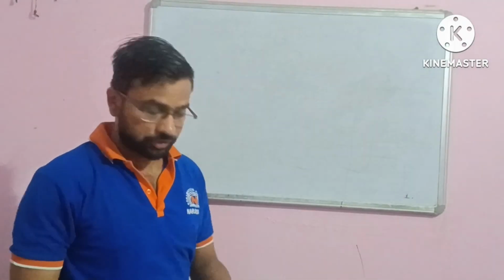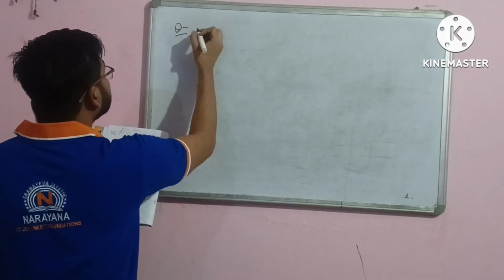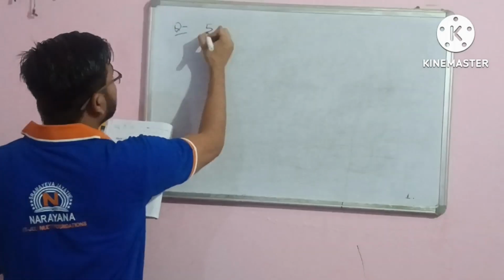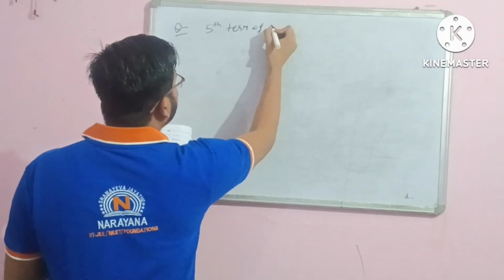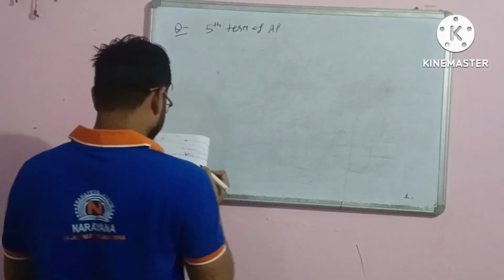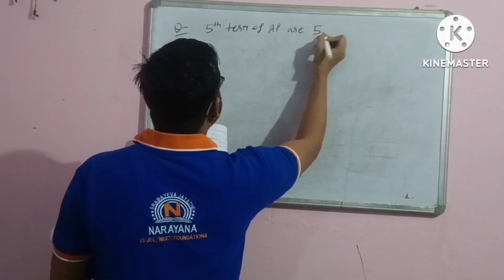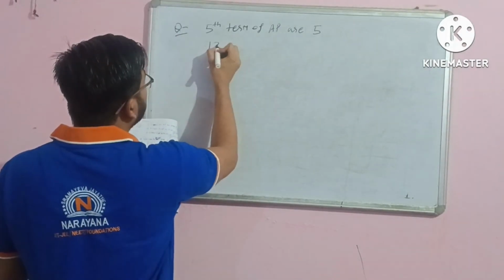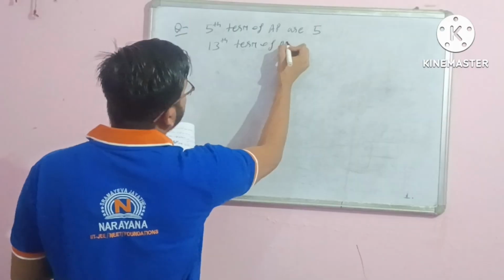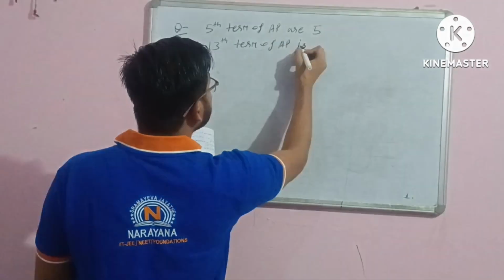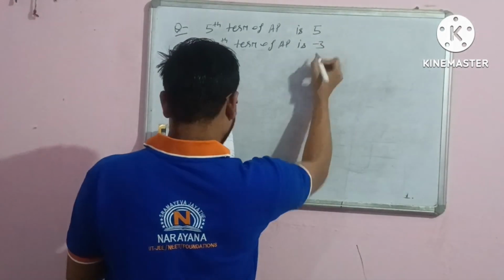Now we will solve the next question. The next question says that the fifth term of an AP is 5 and the 13th term of the AP is -3.